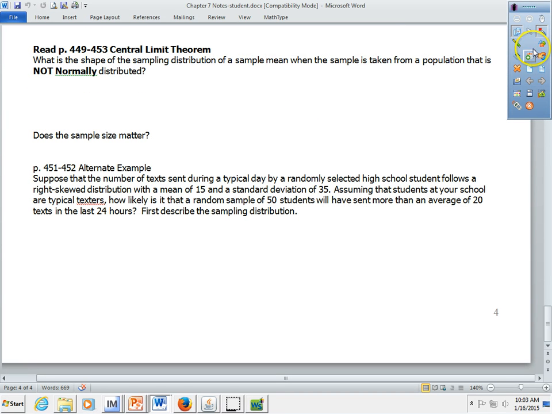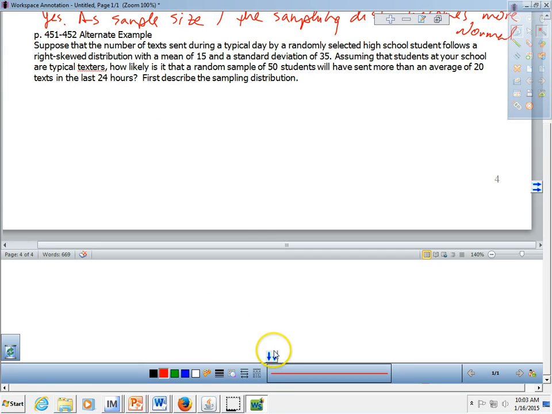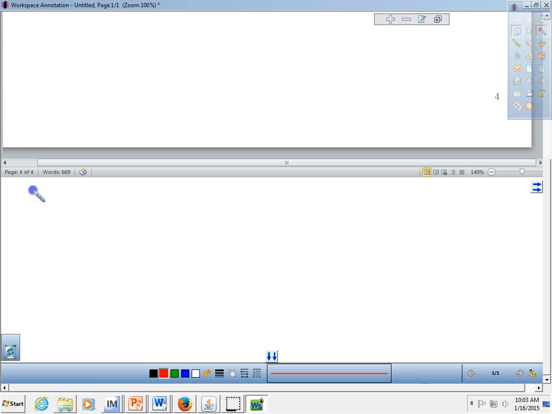Okay, this gets us to, again, what I mentioned before, which was something called the central limit theorem. And if you can find some extra space somewhere, I want to bring that down here. Okay, the central limit theorem states, it takes this idea of sample size matters and puts a number to it, right?